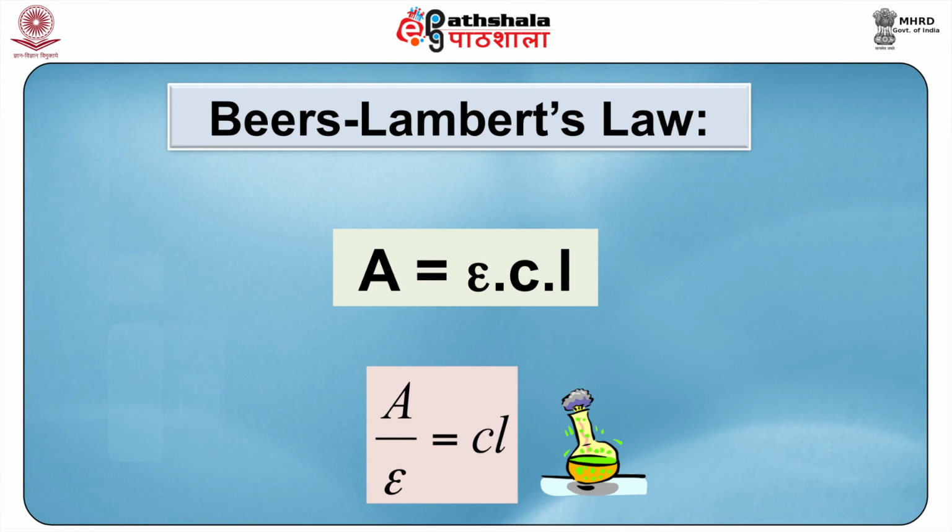If A is the absorbance of the system, then according to Lambert-Beer's law, absorbance A is equal to epsilon CL. Here, L is the optical path length, C is the concentration of the absorbing species, the units are expressed in moles per liter, and epsilon is the extinction coefficient. On rearranging, we see that absorbance A by epsilon is equal to CL.